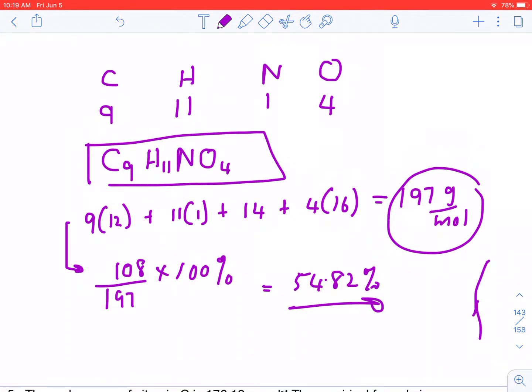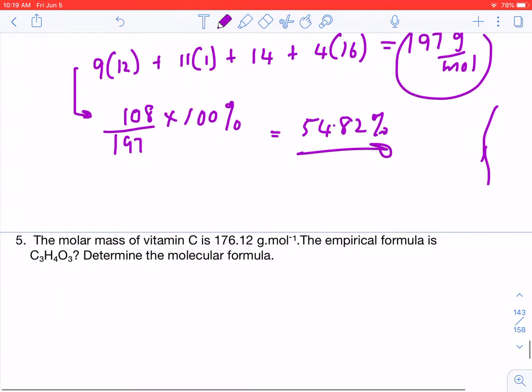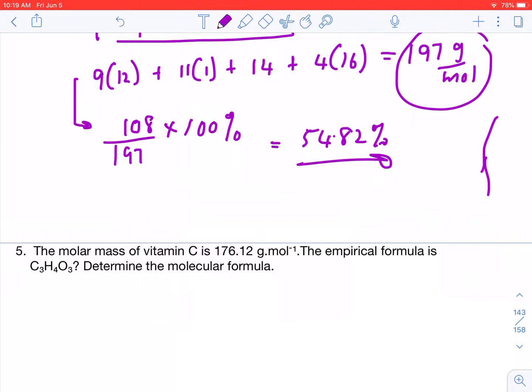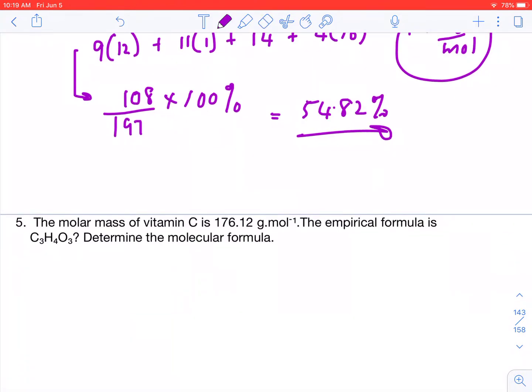Now let's look at the next one. We have a slightly different question. It says the molar mass of vitamin C is given. This is the actual mass of that molecule.